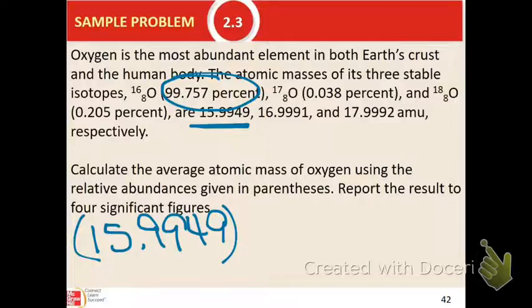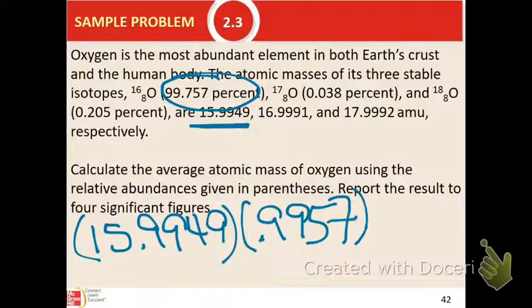And you know, to multiply a percent, you have to first change it to a decimal. So they said 0.99757. Let me get a calculator here. They got a calculator and they did that math. They said 15.9949 times 0.99757, and they got that answer, and that is 15.5.